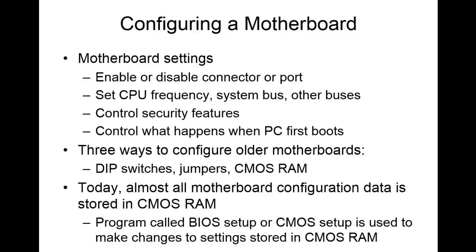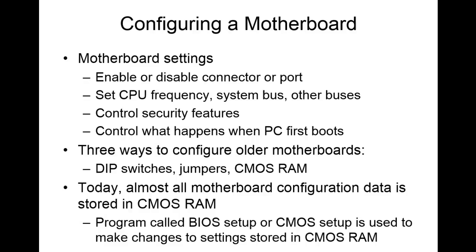The more convenient, more modern way that we do this is to store the configuration data in the CMOS RAM. And in today's computers, almost all have that configuration data there. When I say CMOS, that acronym stands for Complementary Metal Oxide Semiconductor. Now, CMOS RAM is a small amount of memory stored on the motherboard used to hold motherboard settings.